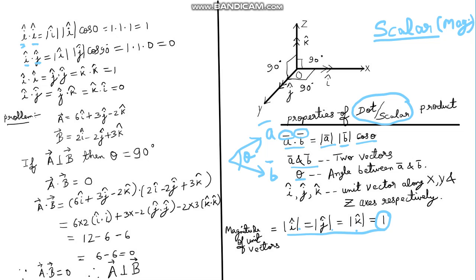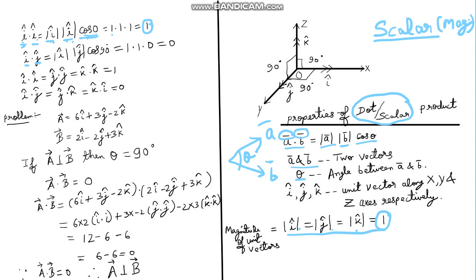By definition, the dot product of two vectors is the magnitude of the first, the magnitude of the second and the cosine of the angle between the two vectors. Since i and i are coincident vectors, the angle between them will be 0. So magnitude of i is 1, magnitude of i is 1, cos 0 is 1, so the output will be 1.